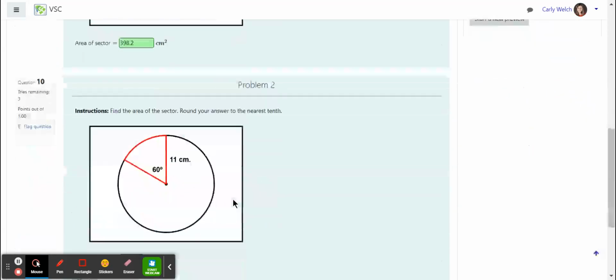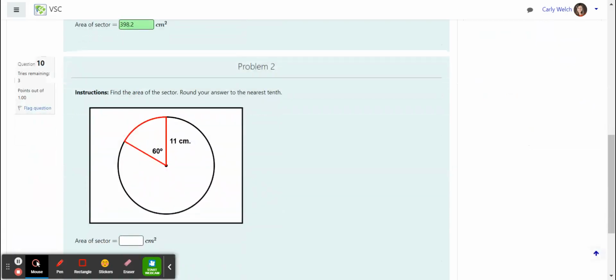All right, and then for this one, the measure of the angle is 60, and my radius is 11. So 63.4. We'll round to 63.4.